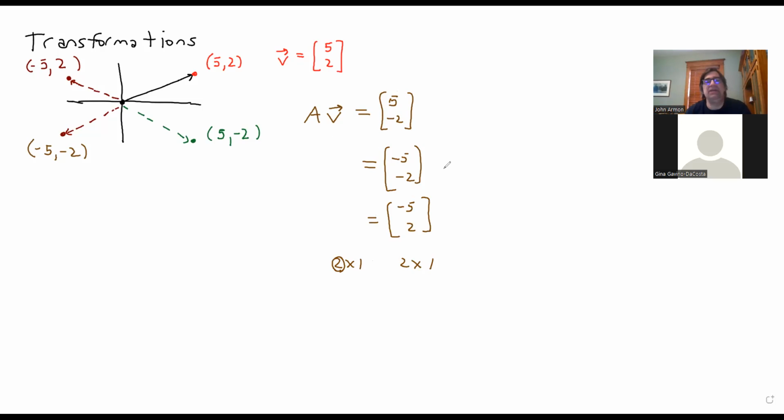So we could play a little guessing and checking here, but we want to start with, let's do the first one. We want to start with vector V. We want to end up with, let's say, the vector in the second quadrant. So changing the y coordinate, keeping the x coordinate the same.